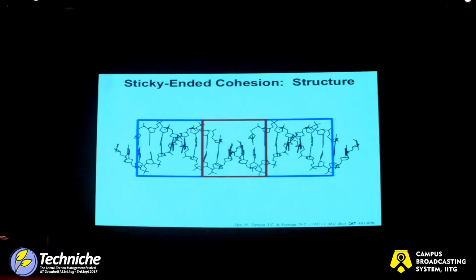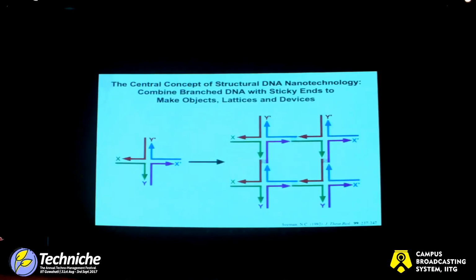And as a consequence, not only do we know that there's affinity between these two molecules, there are lots of kinds of affinity interactions. We actually know what the structure is at the end. That's very powerful.